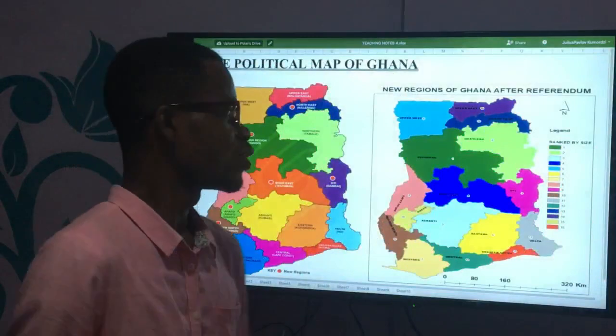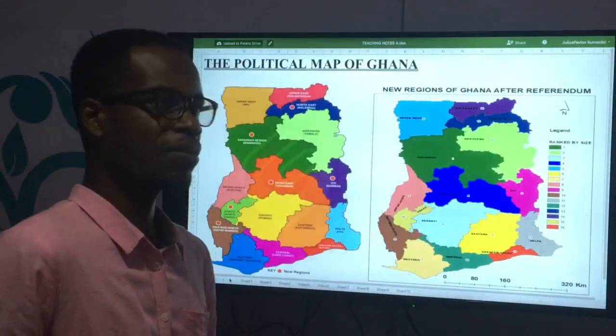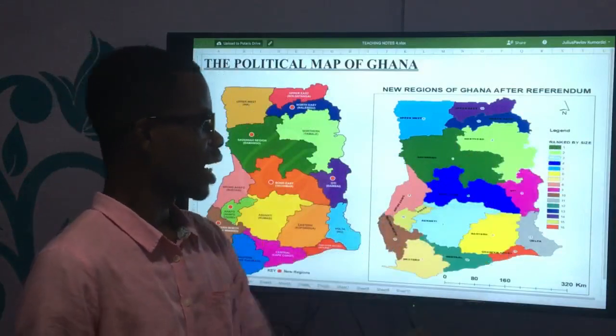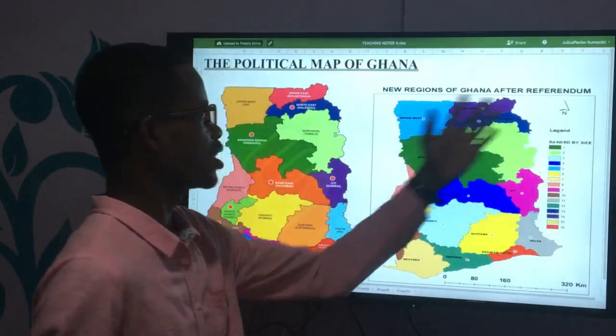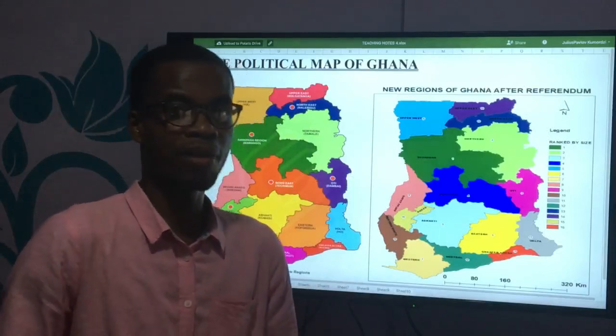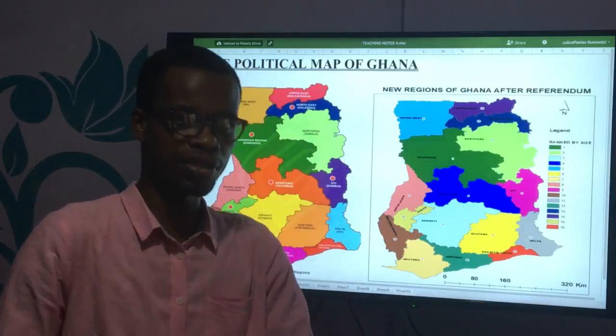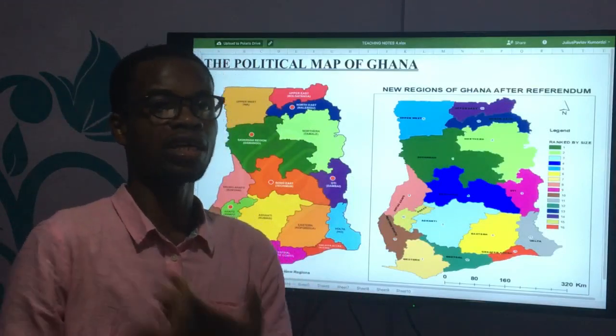Okay, so let's go straight into our first map and see what we have here. So here I have two maps. They are the same. These are the political map. The one on my right side displays the regions of Ghana after the referendum. You remember we used to have 10 regions after independence.